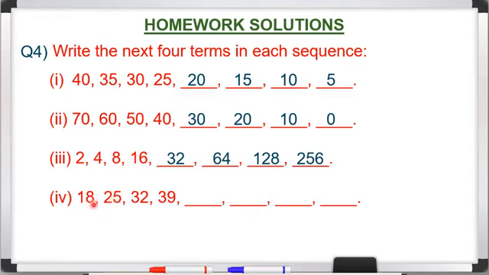Now we have found the difference, that is 7. This number series is given in ascending order. Now we will add the given difference to each number. 18 plus 7, 25, 25 plus 7, 32, 32 plus 7, 39, 39 plus 7, 46, 46 plus 7, 53, 53 plus 7, 60, 60 plus 7, 67. Clear?